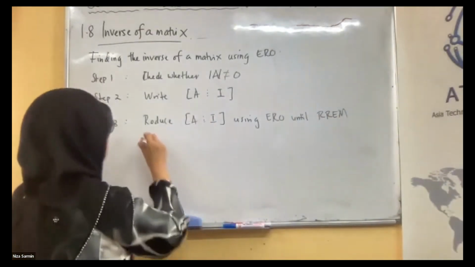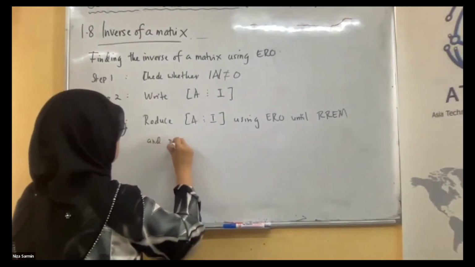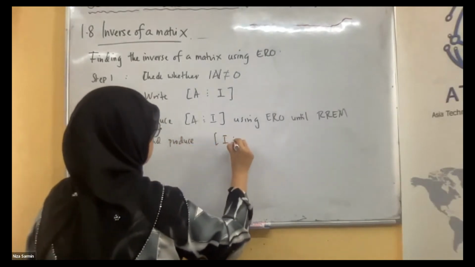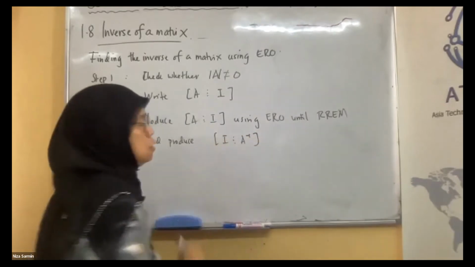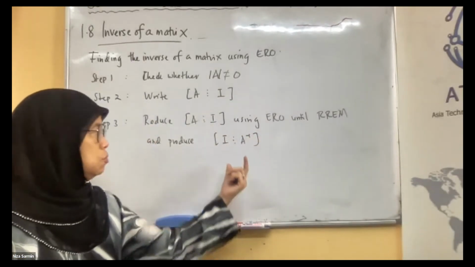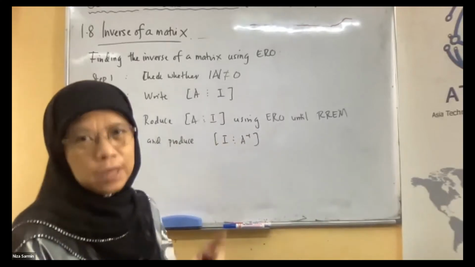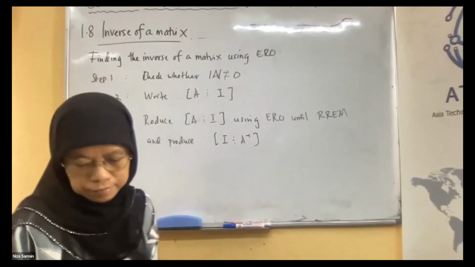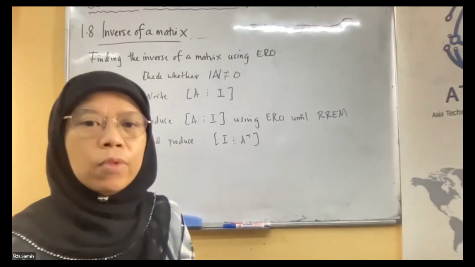If there is an inverse, you will get the final form of the RREF to be this. There will be the identity on the left and the inverse on the right.